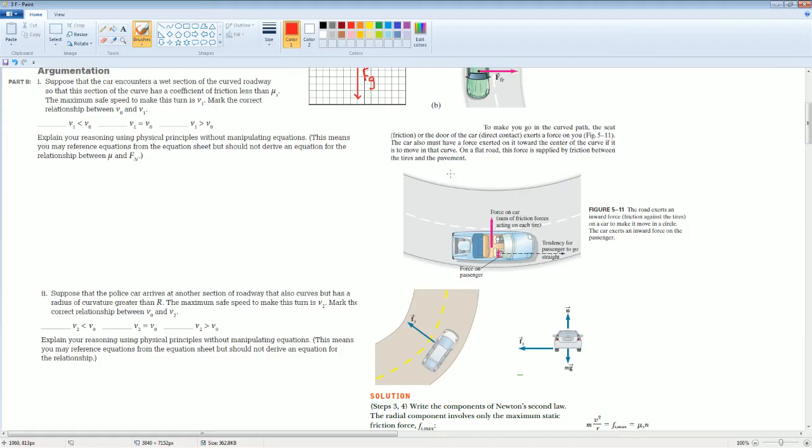The car also must have a force exerted on it towards the center of the curve if it is moving in the curve. On a flat road, this force is supplied by the friction between the tires and the pavement. So the force that is inward is caused by the force of friction.